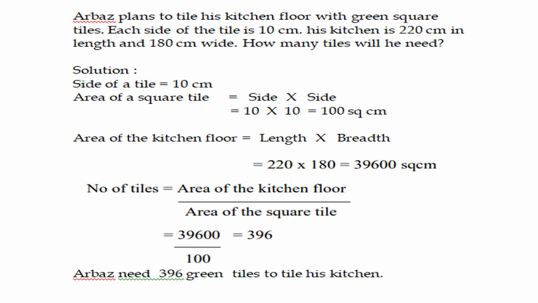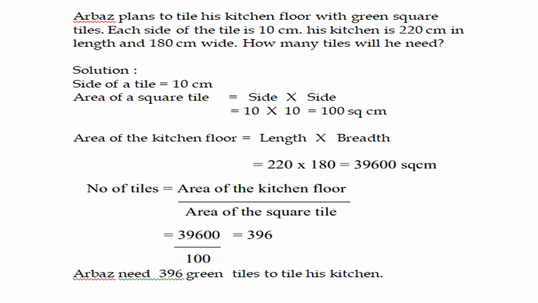Solution for this: side of a tile equals 10 cm. Area of a square tile equals side into side, which is 10 cm into 10 cm equals 100 square centimeter.